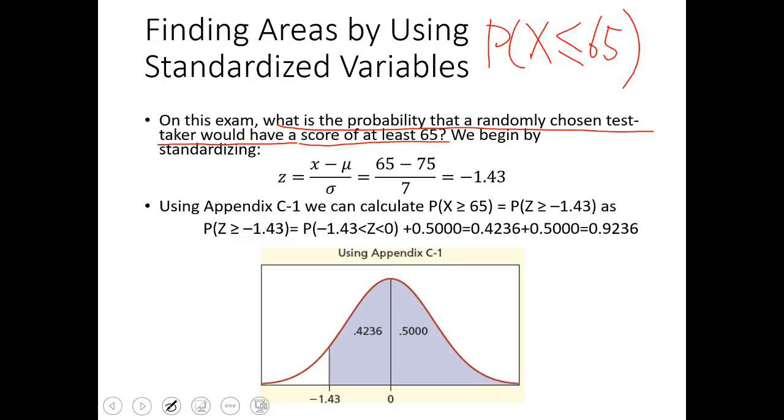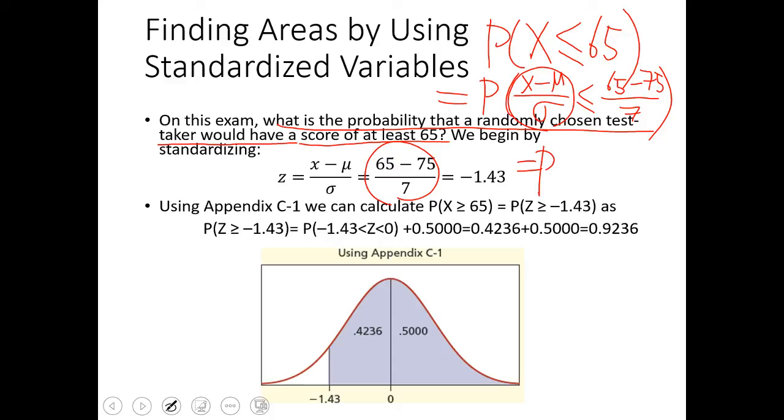Okay? This probability is the same as that (x minus mu) divided by sigma, which is (65 minus 75) divided by sigma 7, so this number. That is the z-score, so the probability that the standardized normalized value is less than minus 1.43, so this number.